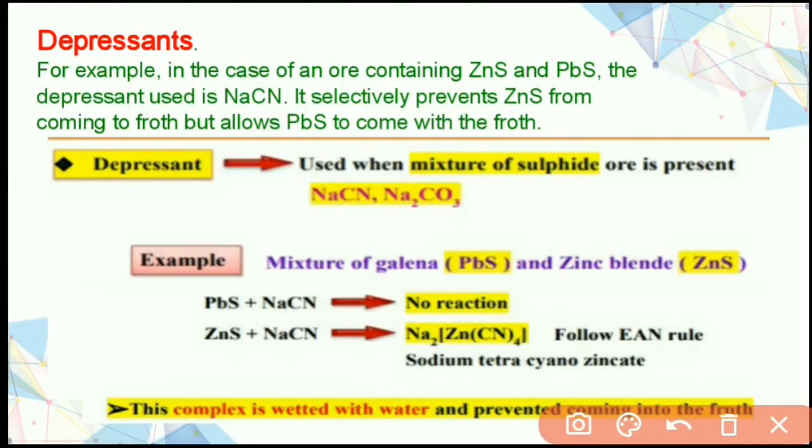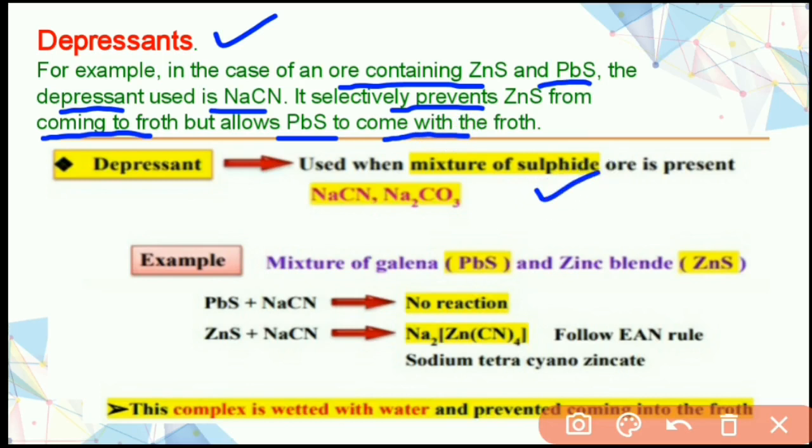The next important term is depressant. It is used in the froth flotation process. For example, in case of an ore containing zinc sulfide and lead sulfide, the depressant used is sodium cyanide. It selectively prevents zinc sulfide from coming to the froth but allows lead sulfide to come with the froth. Depressant is used when a mixture of sulfide ores is present.